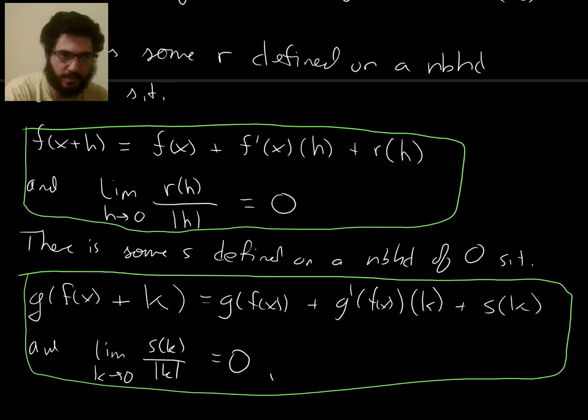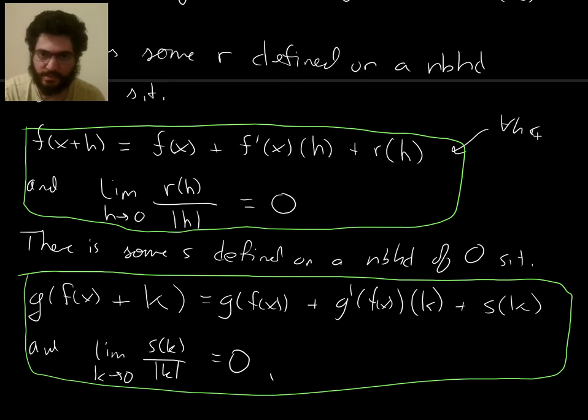And I'm going to try to use these to show that g composed with f is differentiable at x. And to really complete the sentence here I should say for all h in the domain of r, and here I should say for all k in the domain of s.